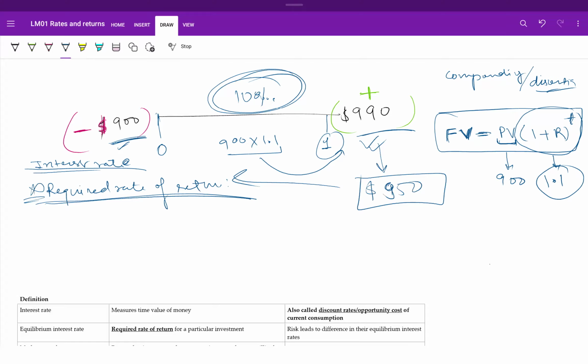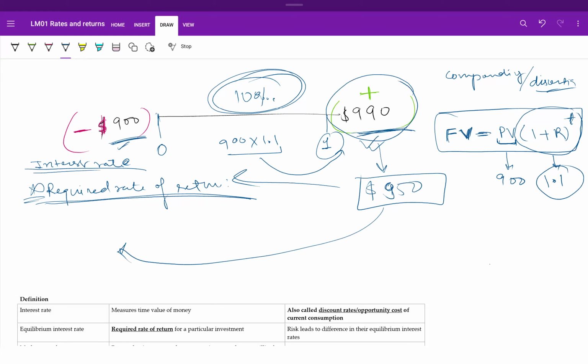And then comes the discount rate. The discount rate is somewhat similar to the required rate of return. You can discount the money that you will receive after 1 year. If I am calculating the present value from the future value, this is discounting.